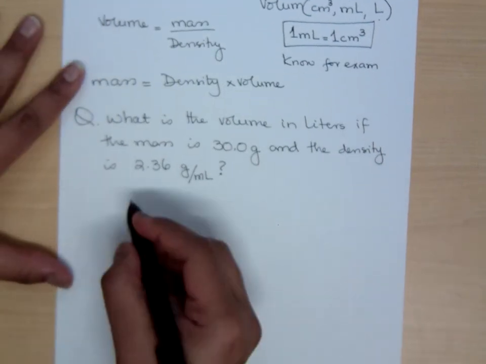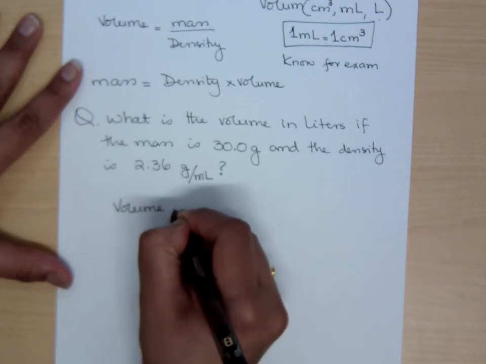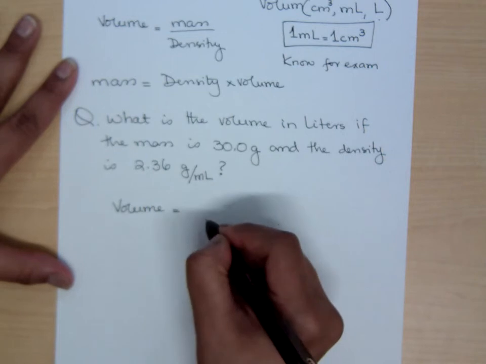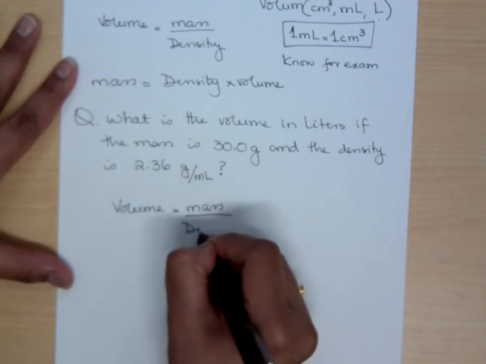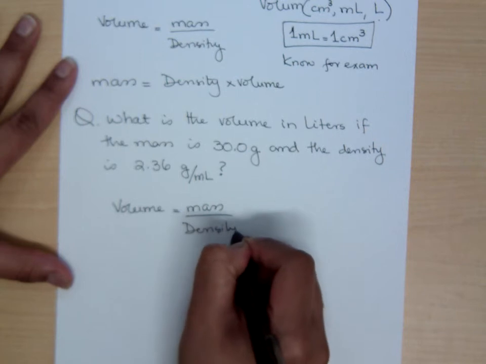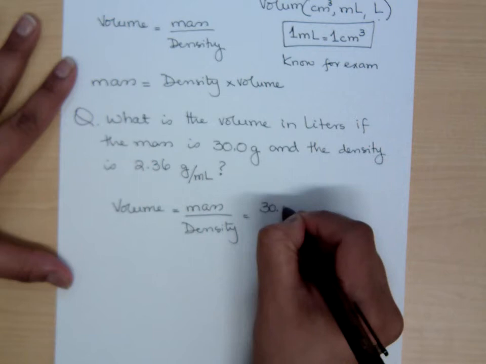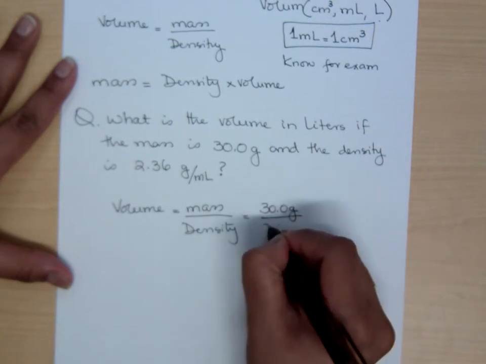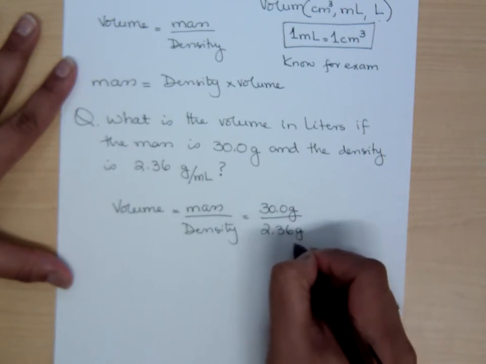Volume is equal to mass divided by density. So I will pick the information that is given in the question. Mass is given as 30.0 grams. The density is given as 2.36 grams per ml.